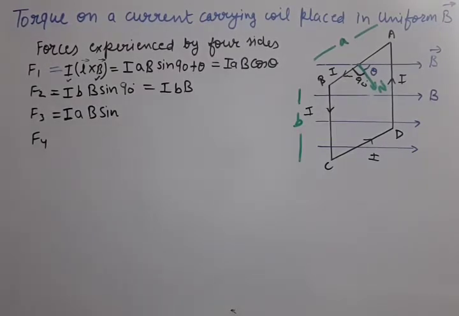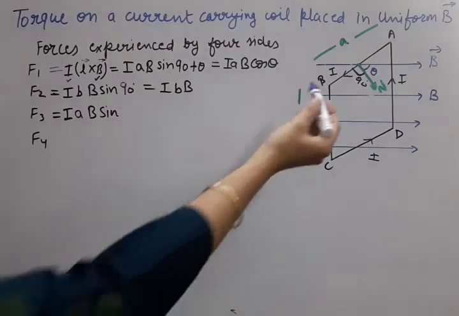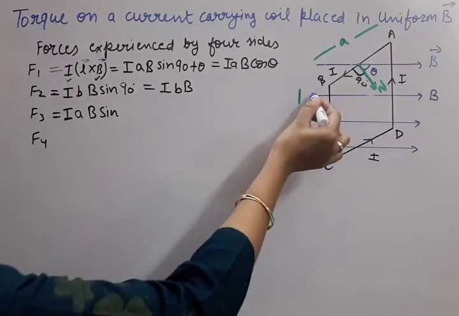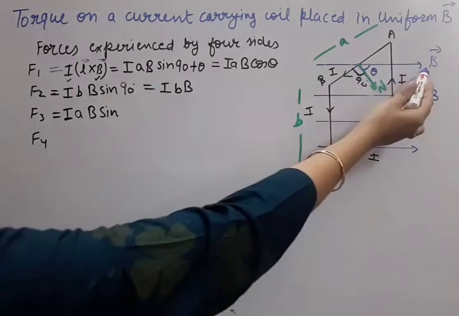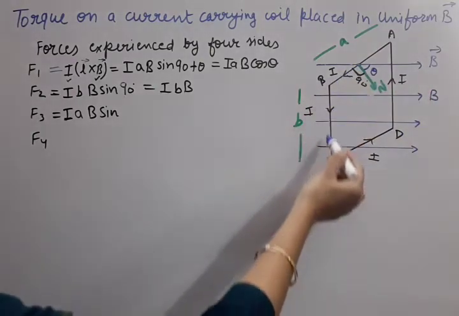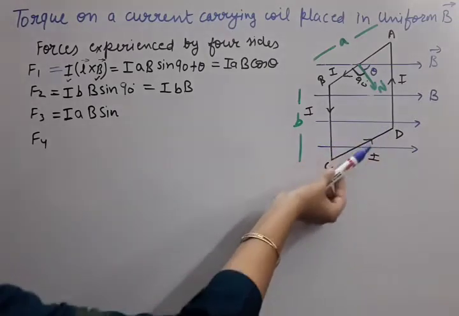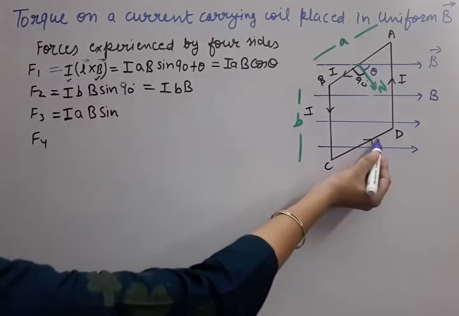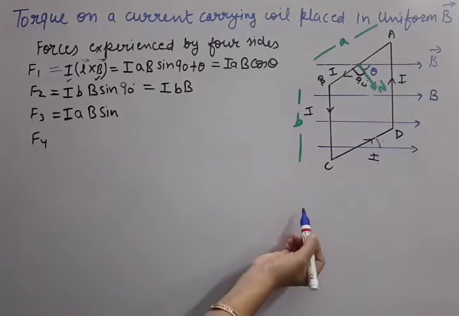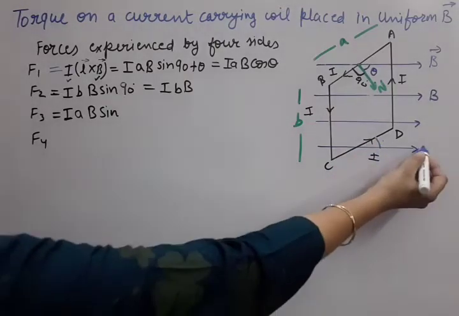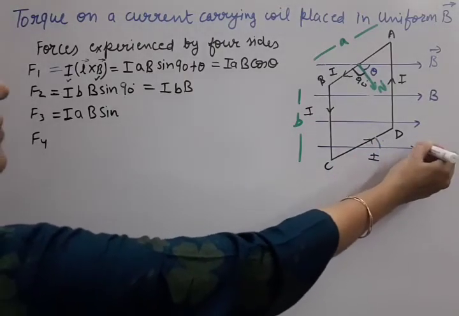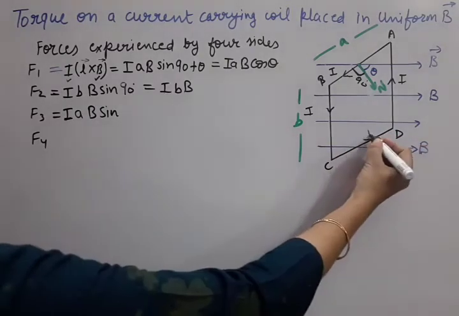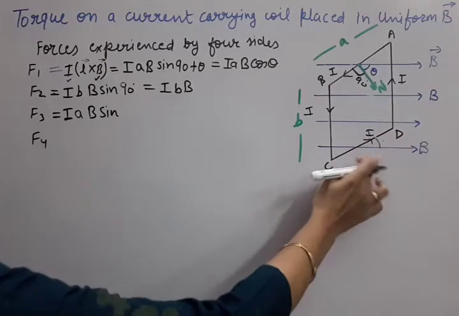The change is that when we were seeing the upper side, the current direction was this and magnetic field was that. But if we move to this side, current direction is there, magnetic field is this. So we need this angle. This is our B and this is our current.